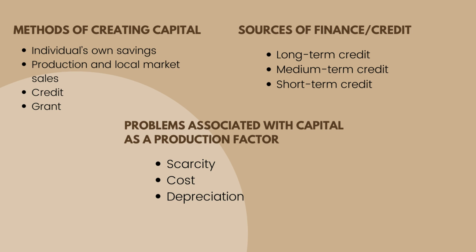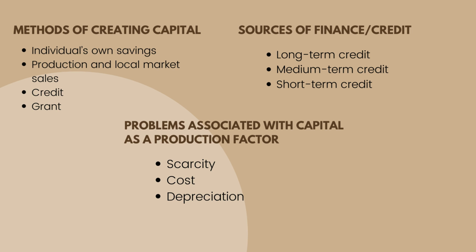The capital can also be created through production and the local market. What does this mean? As a farmer, you can increase production so that you can accelerate the accumulation of income. This is where you increase your production and make sure you sell more so that you can make more money.